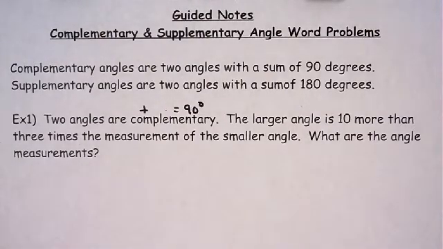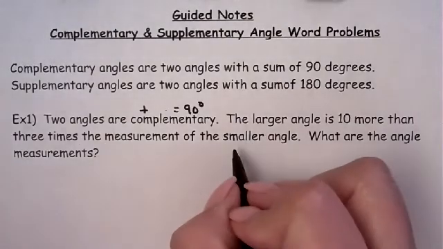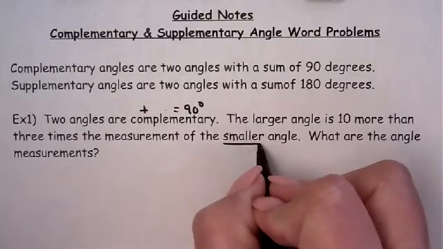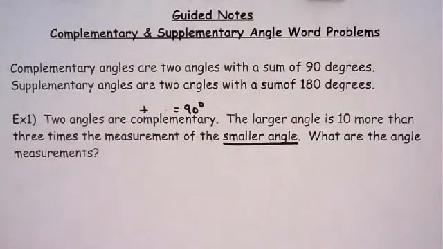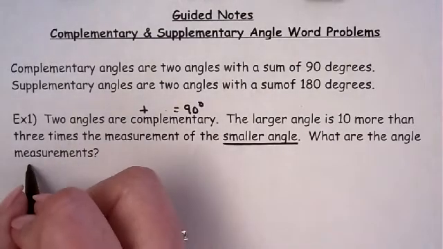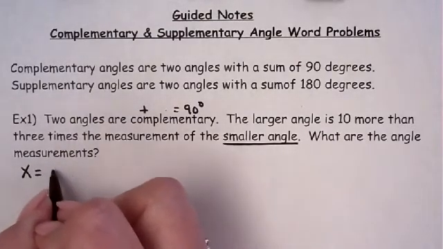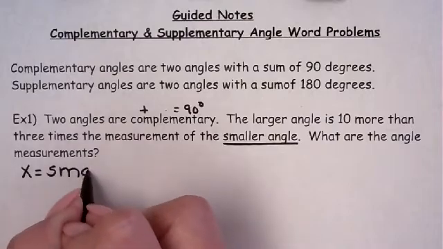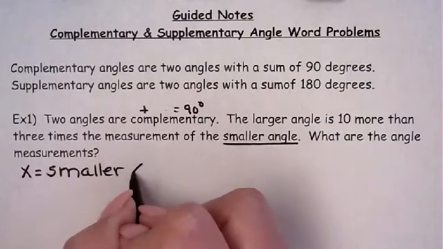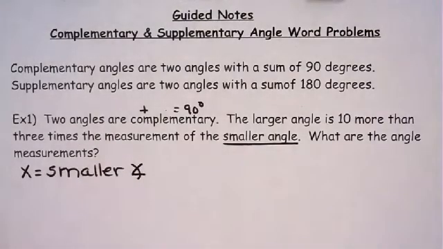It says the larger angle is 10 more than 3 times the measure of the smaller angle. What did this sentence end with? Smaller angle. That is your variable. So x is going to equal the smaller angle. I'm just abbreviating there. Now, let's back it up.